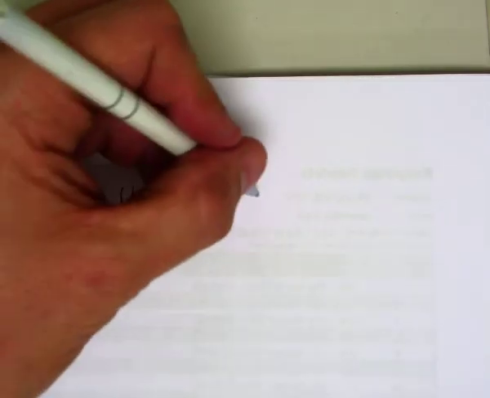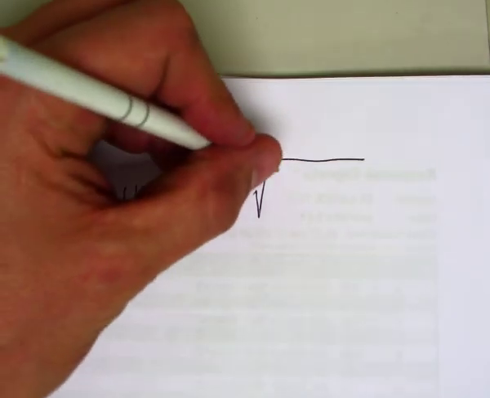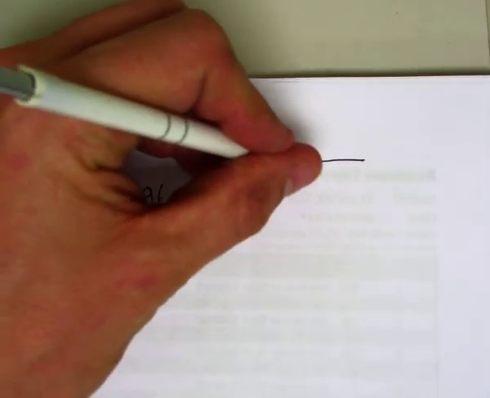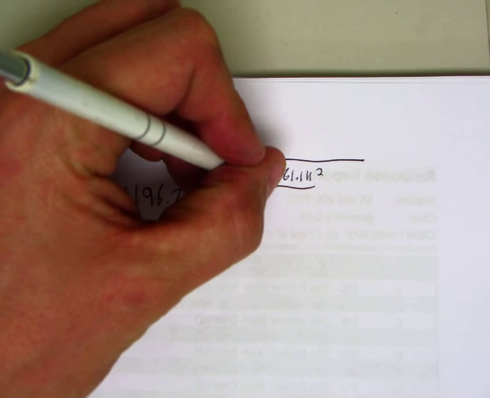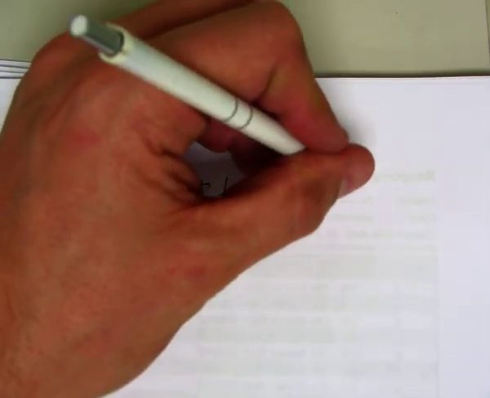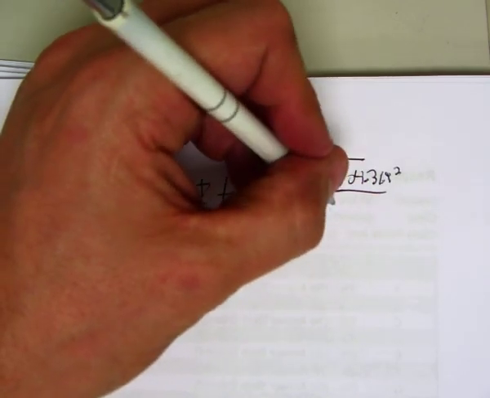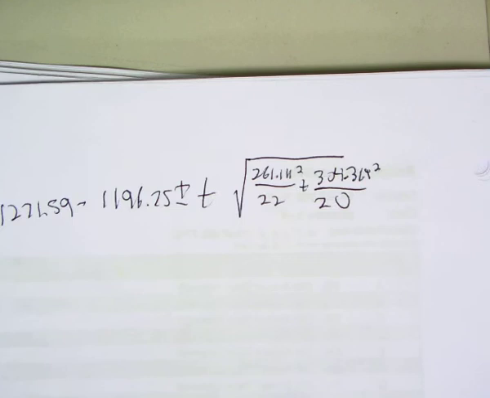We'll figure out what that is in a second. And then we do the standard deviation squared over n, so for females it was 22, plus the standard deviation squared over n for males. Okay, so that's what that's going to look like.